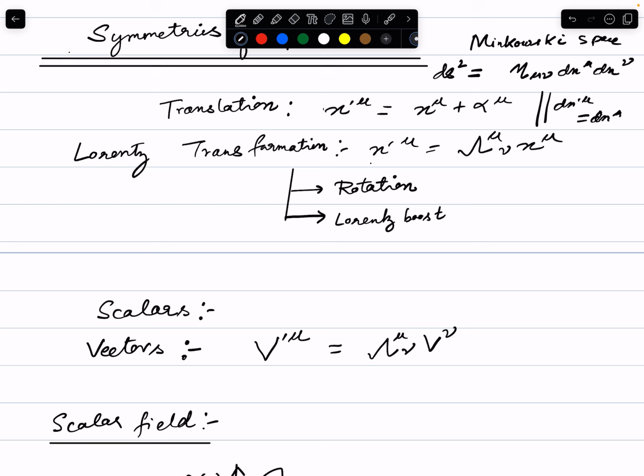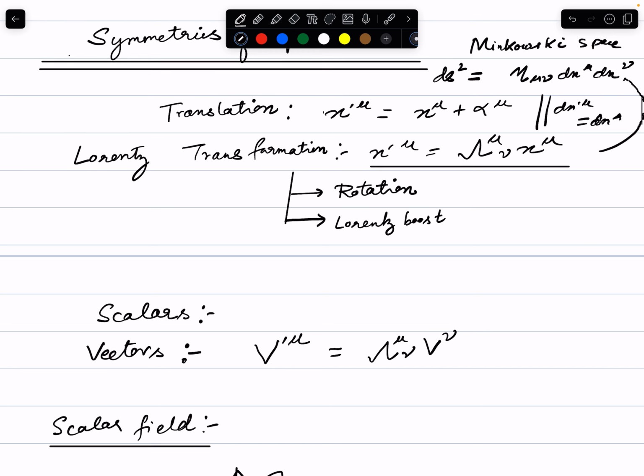And Lorentz transformations, of course we know from special relativity, are symmetries. If I go from one frame to another, nothing changes. So they too keep this unchanged. And Lorentz transformations can be classified into rotations and Lorentz boosts. Okay, so totally how many symmetries do we have?